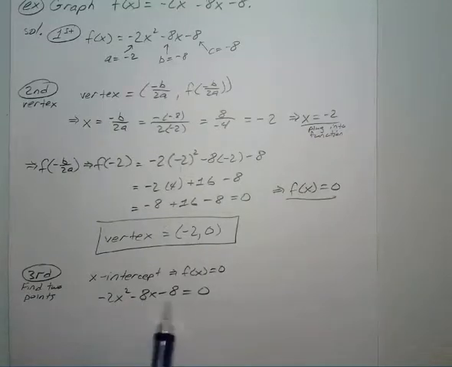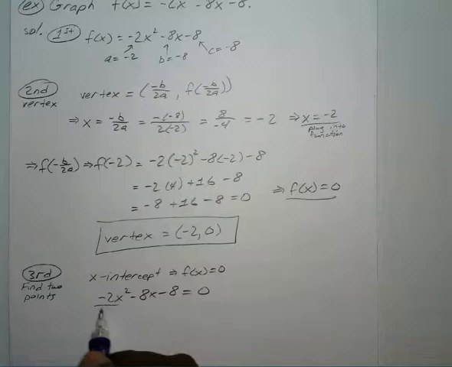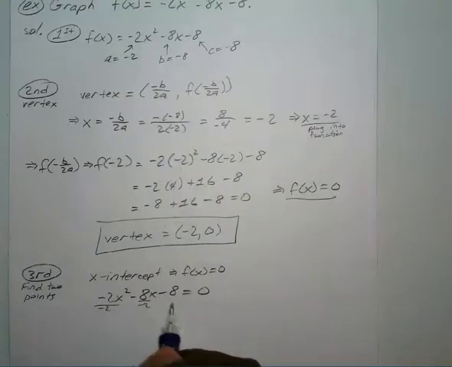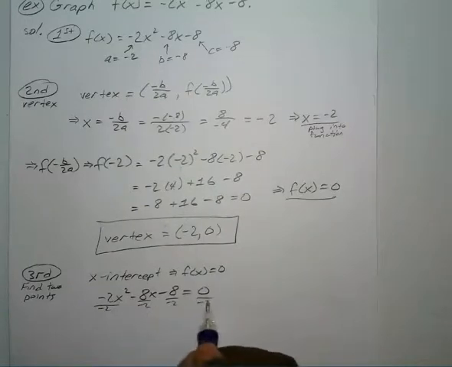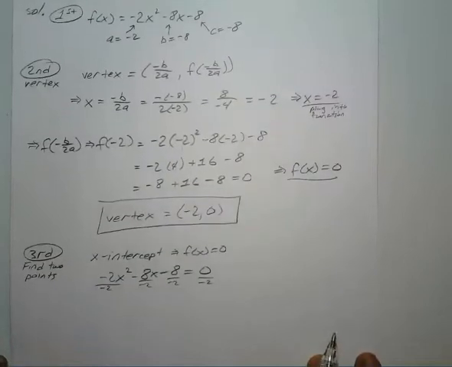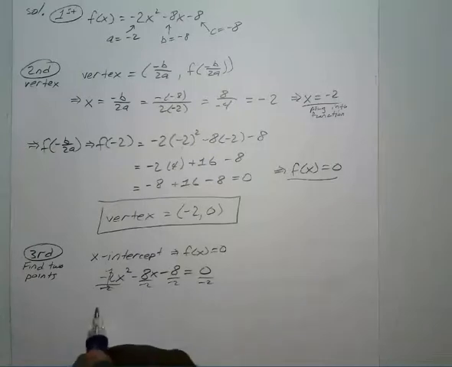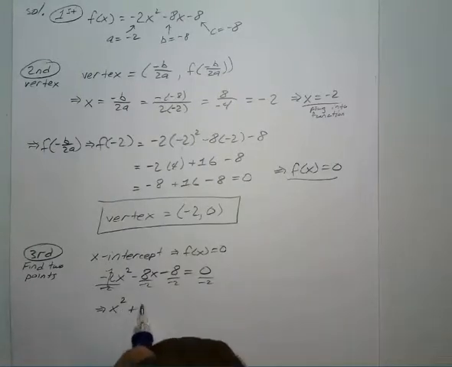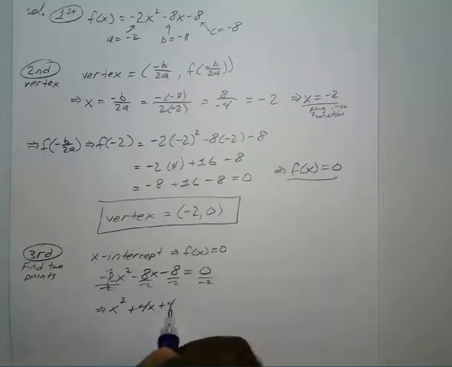The good thing about this is all of these are even. So if we divide each term by negative 2, anything divided by itself is 1. So we have x squared plus 4x plus 4 equals 0.